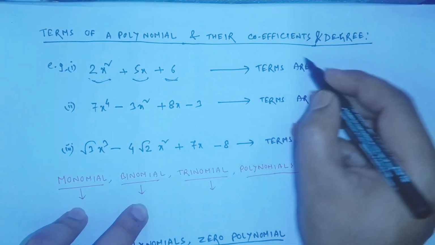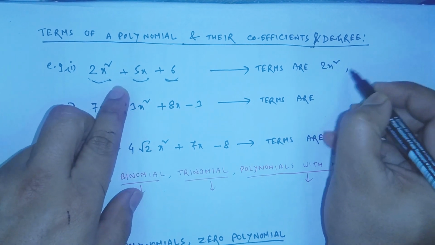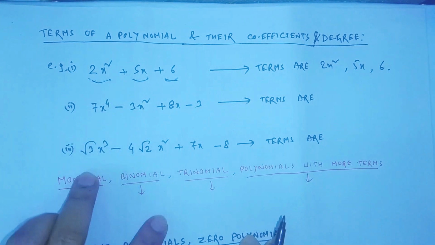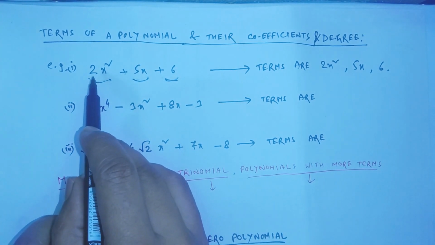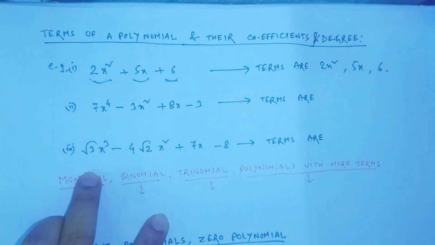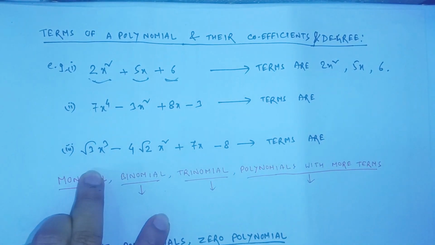So the terms are twice x squared, then 5x and then 6. So the terms are the parts which are added. So here the parts which are added are twice x squared, 5x and 6. So they are added, that means they are the terms. Okay. Now let us write the terms first, then I'll come to the definition of coefficients.